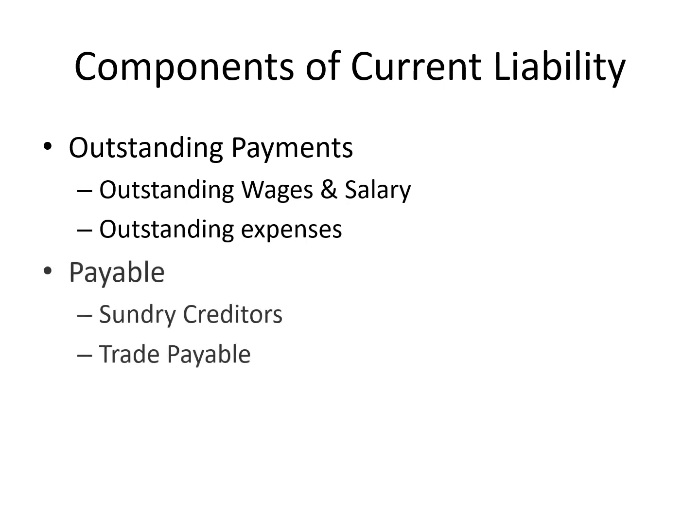And another item of current liability is payable. Sundry creditors and also trade payables come under payable, which are current liability. If we add up these outstanding payments and payables, then we can get the total current liability.